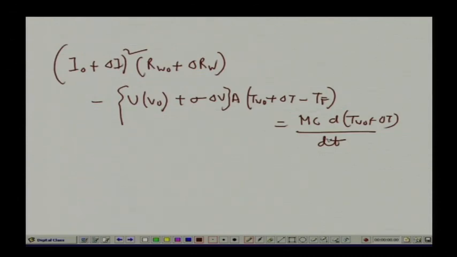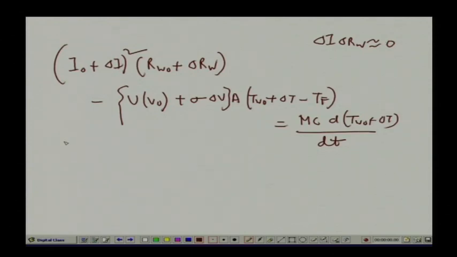I can simplify this equation by neglecting all the multiplications of terms like delta I into delta RW. These are quite small, so we assume they are equal to 0.